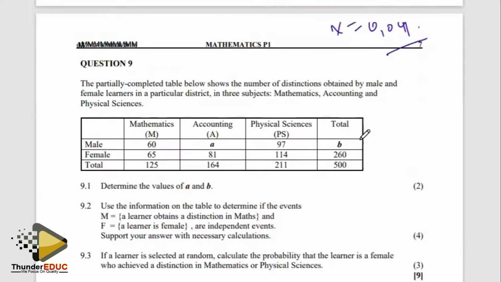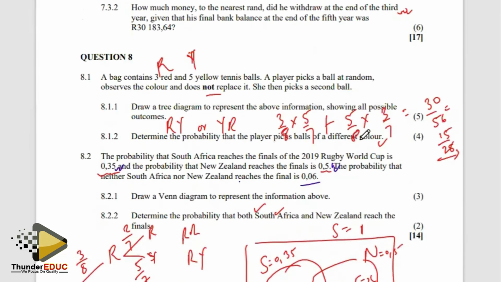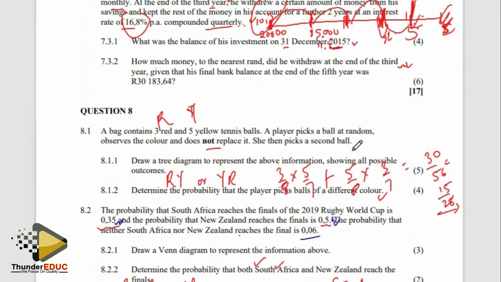Before I leave question 8, I'll also advise people to look at those formulas of independent events and dependent events, and also what we call mutually exclusive, with the probability rules of A or B. The probability of A plus the probability of B minus the probability of A and B. Just know how to work around with this, because sometimes they can give you the probability of A, the probability of B, and the probability of A or B, and then ask for A and B, given the conditions, whether they are independent or mutually exclusive.